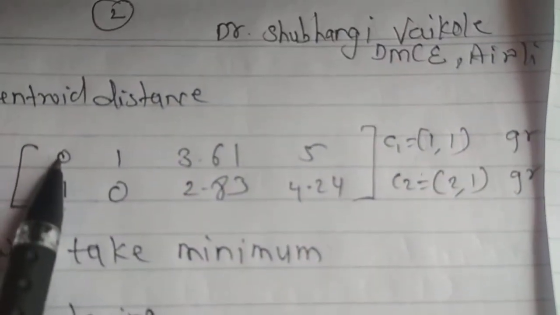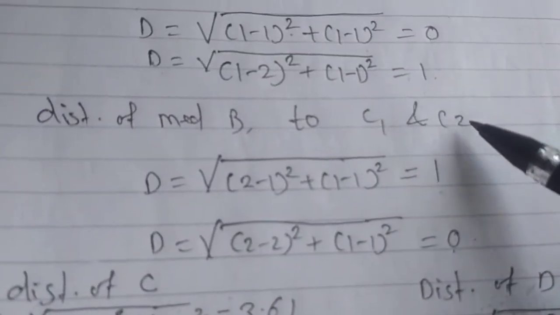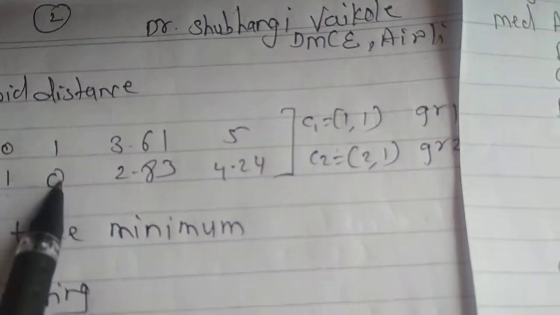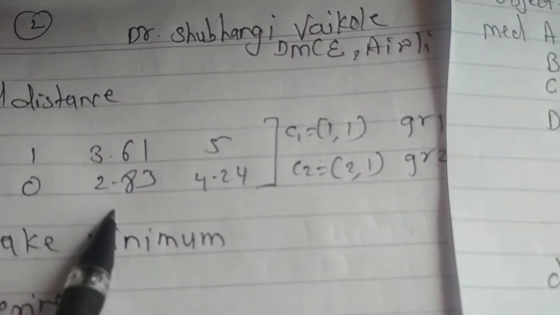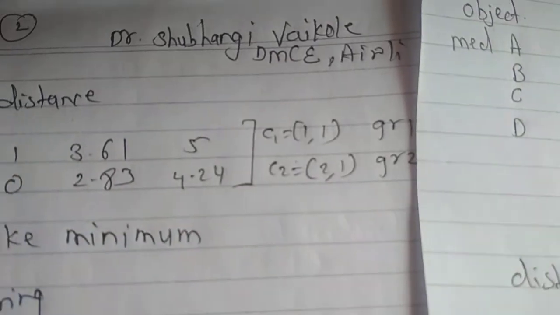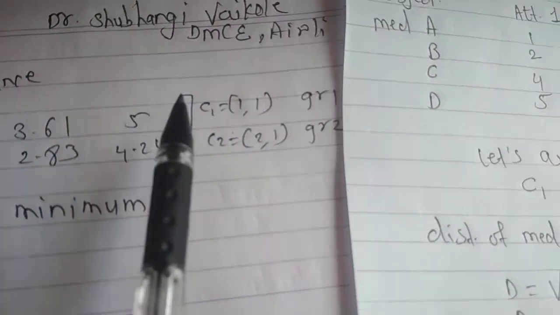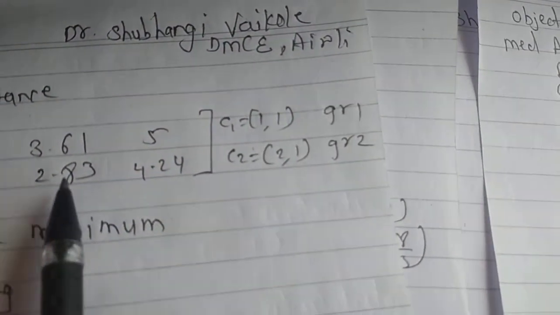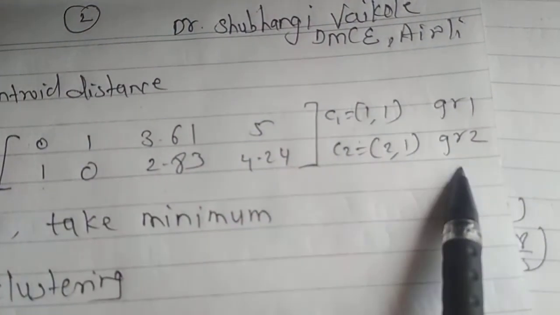This is for group 1, and this is for group 2. Similarly, for medicine B, 1, 0. Then 3.61, 2.83, 5 and 4.24. So the first row represents the first group and the second row represents the second group.